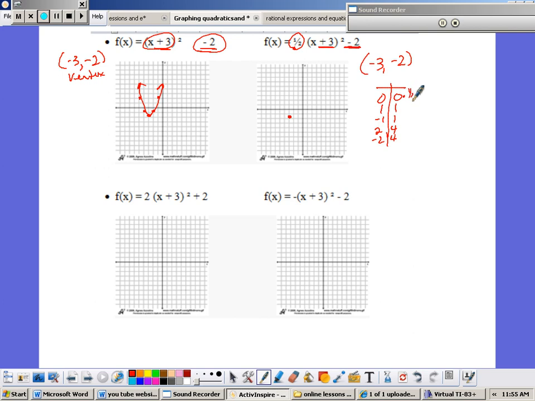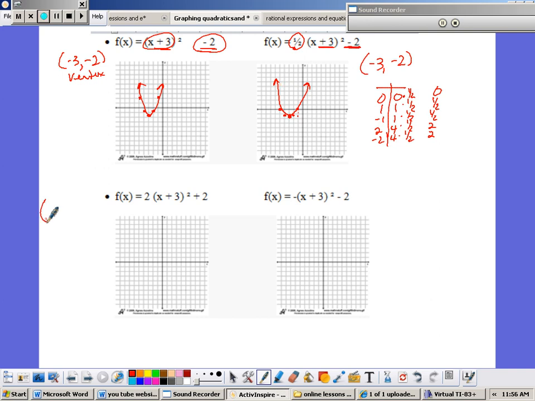What you do is you take that factor and you multiply it by all the y's. So 0, 1/2, 1/2, 2, 2. So from this dot, I go over 1 and up 1/2, over 1 and up 1/2. I go over 2 and up 2, over 2 and up 2. So you can see it's getting fatter. That's my compression factor.